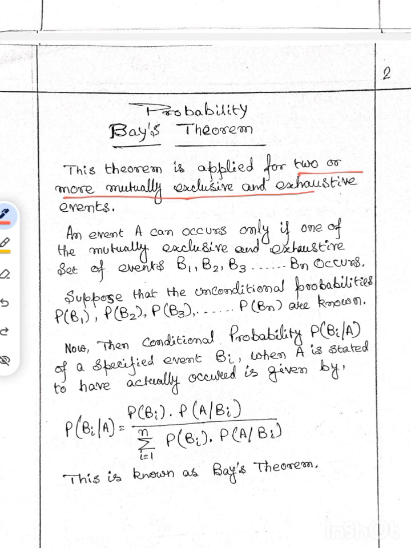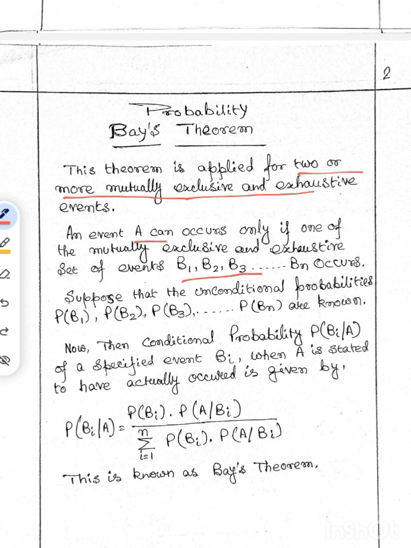Next point: an event A can occur only if one of the mutually exclusive and exhaustive set of events B1, B2, B3 up to Bn occurs. So the fact is that A can occur only if one of the mutually exclusive events occurs.